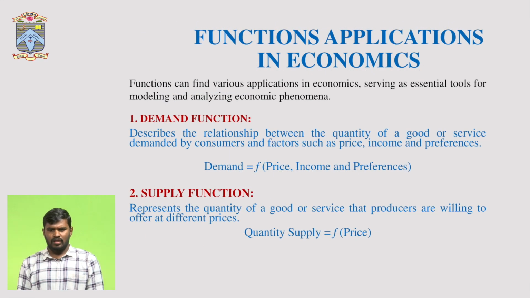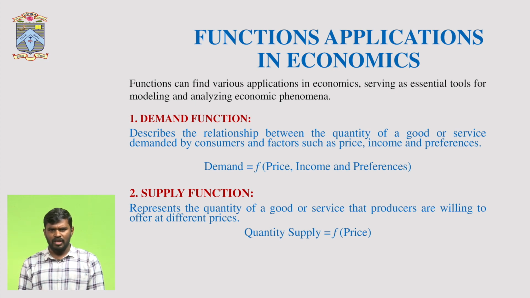Functions find various applications in economics, serving as an essential tool for modeling and analyzing economic phenomena. First function, a demand function. A demand function shows the relation between price, income and preferences, and how all these three are connected to demand.